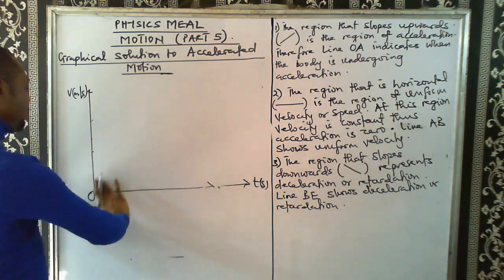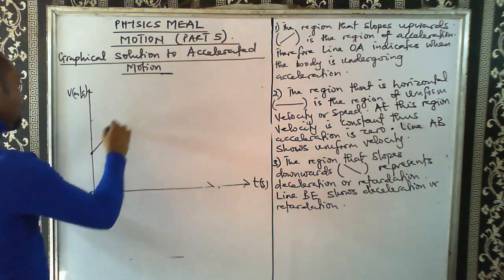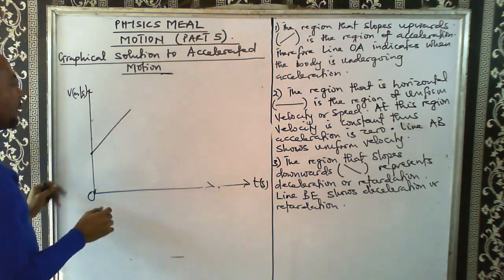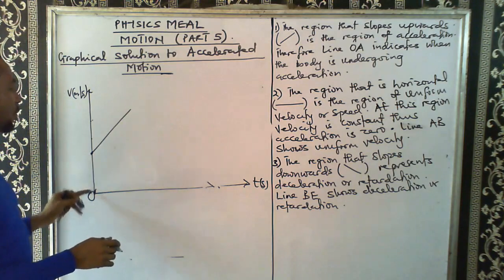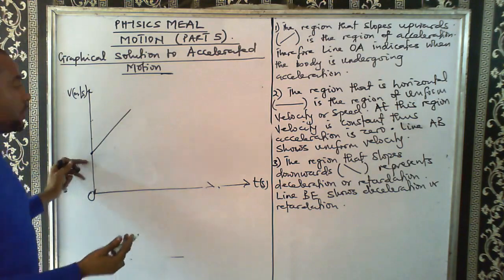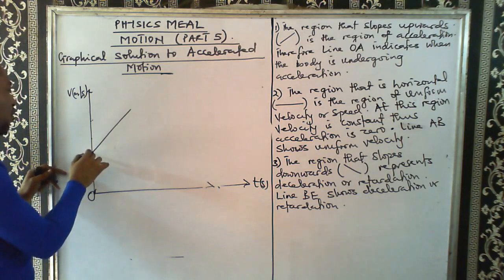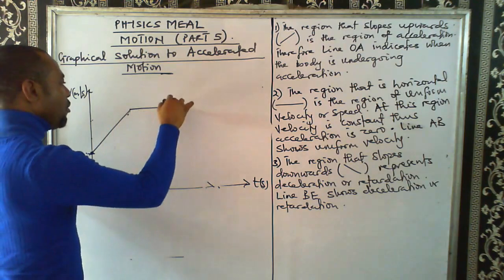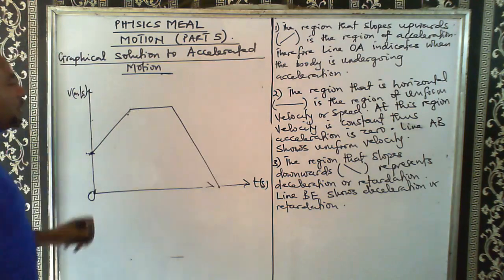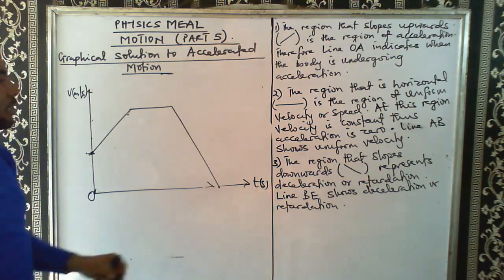But if I now have this, the body did not accelerate from what? Rest. So you cannot expect the initial velocity to be what? To be zero. So you accelerated from a particular velocity here, and then attained a new velocity, maybe moved with uniform velocity before coming to rest, undergoing deceleration.